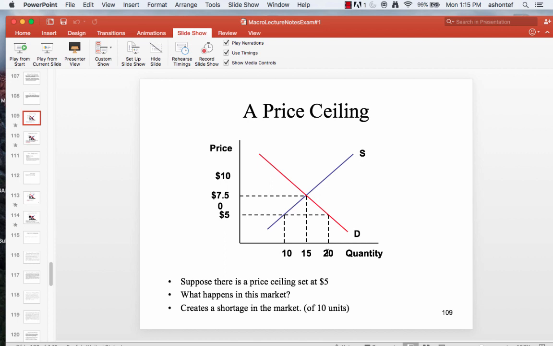The difference between 20 and 10 is a 10-unit problem, and that is known as a shortage, because people are willing and able to purchase more than what firms are willing and able to put out. So we call that a shortage in the market. Again, this is a binding price ceiling because the price set by the government is causing a problem in the economy, in this case a shortage.